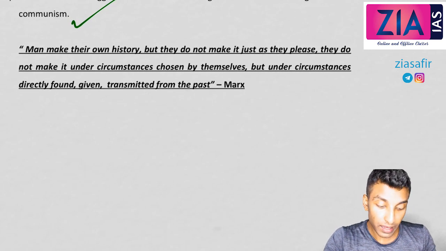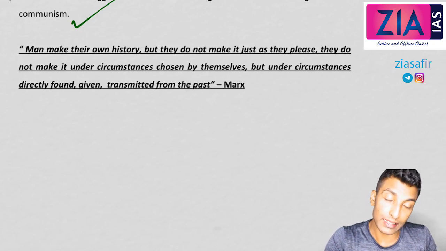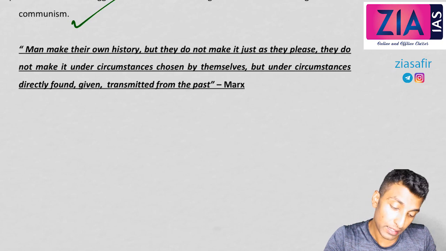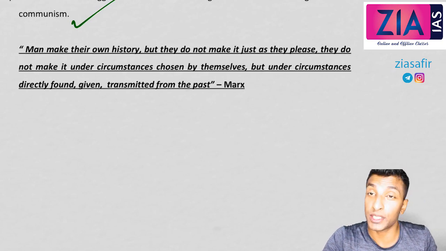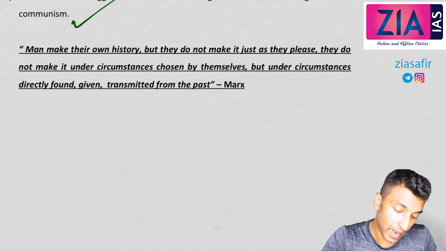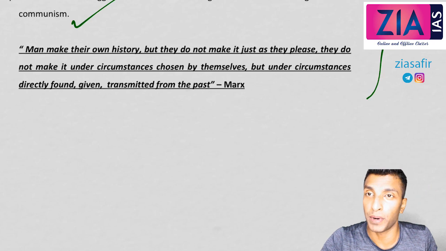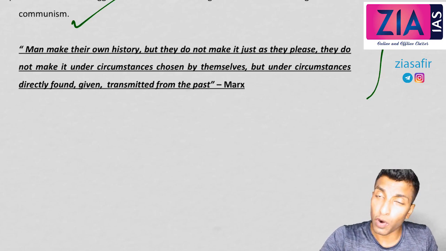Thus, man make their own history, but they do not make it just as they wished or as they please. They do not make it under circumstances chosen by themselves, but under circumstances directly found, given and transmitted to them from the past. So I hope you understood.